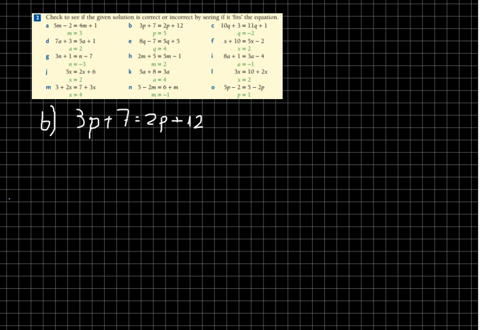So what do we have to do to see if it's correct or not? Alright, let's see. Okay, p equals 5. What we are going to do is replace the letter p by a 5, and we're going to leave all the numbers there.